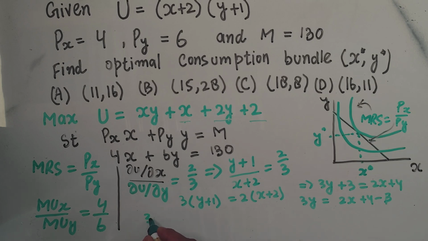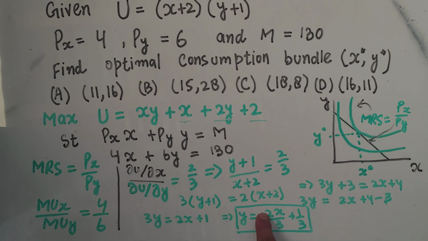So 3y is equal to 2x plus 1, or y will be equal to, divide both sides by 3, we get 2x upon 3 plus 1 upon 3. Let us rewrite it like this: (2x plus 1) upon 3.